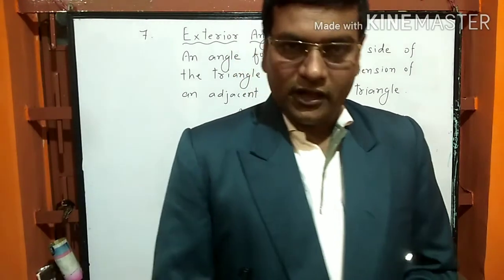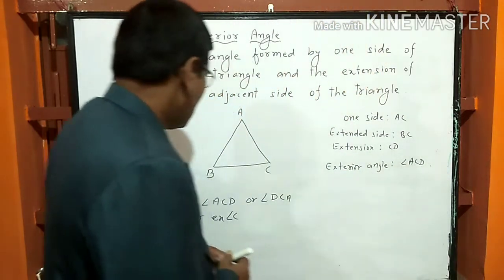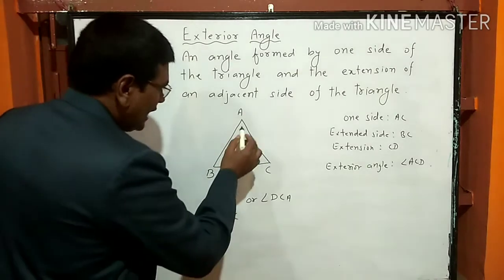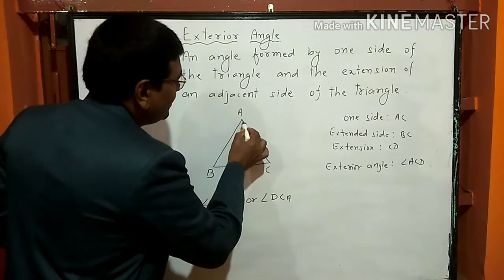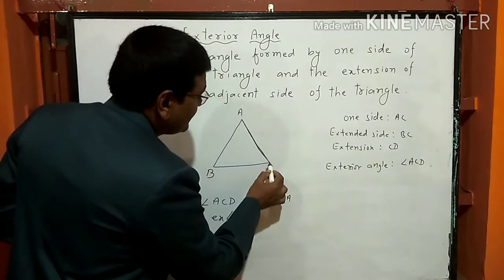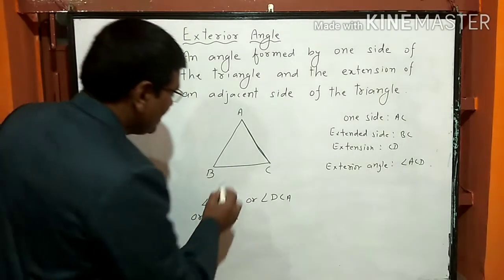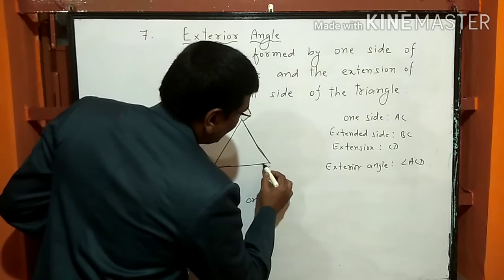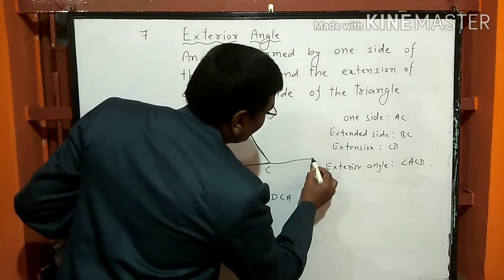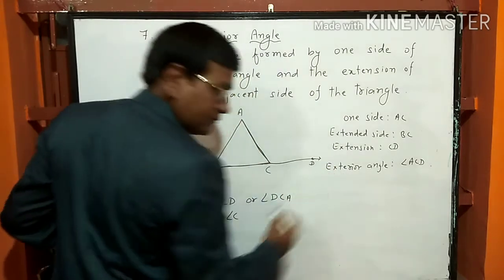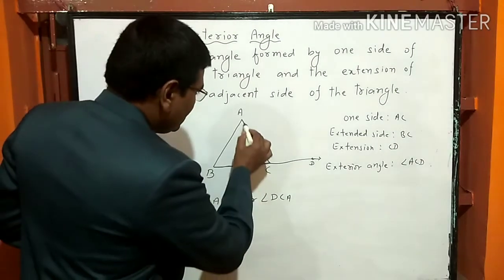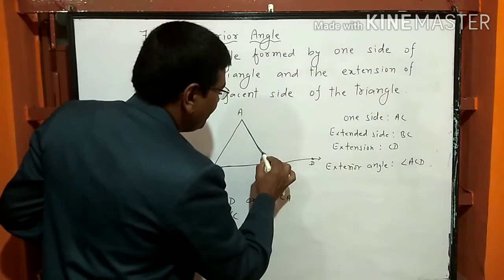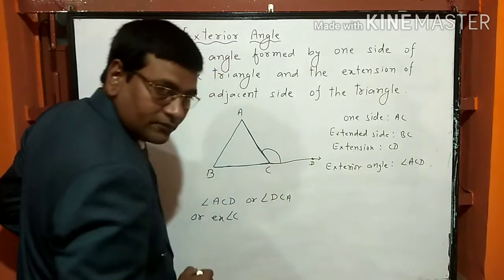Now exterior angle. Let's see. There is a triangle. I am taking any one side. Let us take AC of this triangle, and the side BC is extended, or you can say produced to D. Then the side AC and this extension CD makes an angle here.